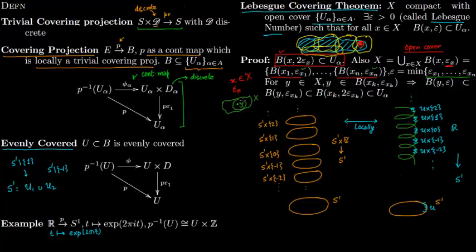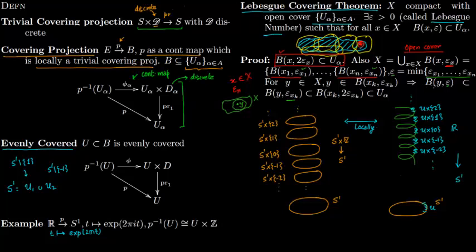This implies that you can also form a ball around point y with the minimum radius epsilon, and this epsilon is less than epsilon subscript x of k, because this epsilon is the minimum.